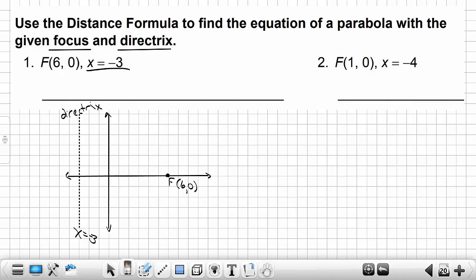What is it, Elias? Altogether, from here to here is 9. So 4.5 away. So I need the vertex as a point.